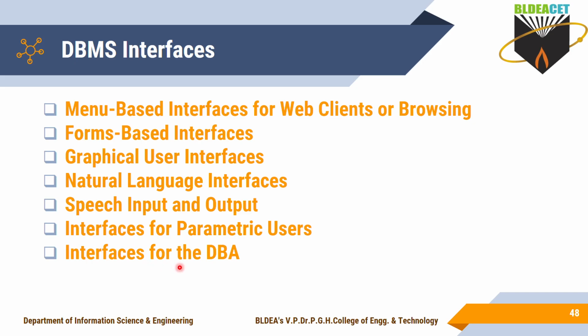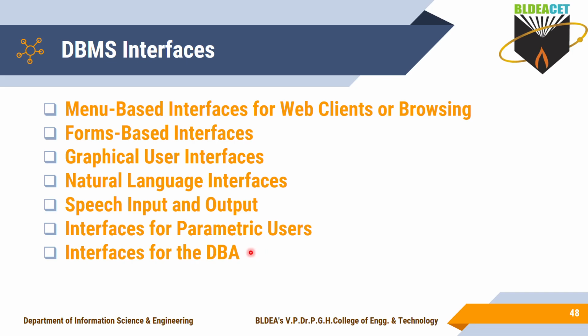Next is interfaces for the DBA, database administrator. Interfaces for the DBMS administrator are for providing authorities and privileges. Whatever resources users want to get, they can access through permission from the database administrator, who grants those privileges, provides the authorities to the users and creates the users.